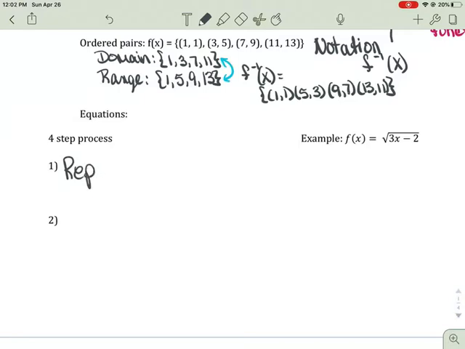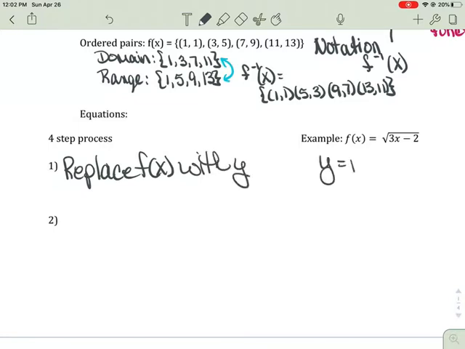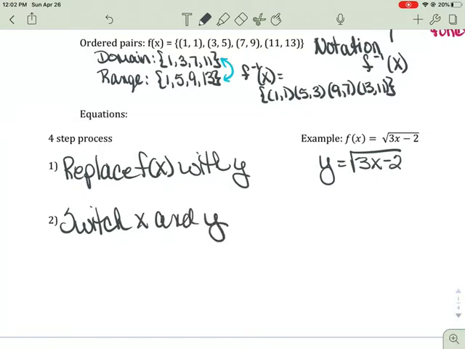So our first step is to replace f of x with y. So we're going to make this y equals the square root of 3x minus 2. Second step, we're going to switch x and y. The easiest way I can tell you to do this is to just switch the letters, because that's going to make the most sense.